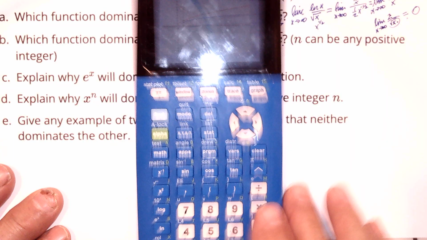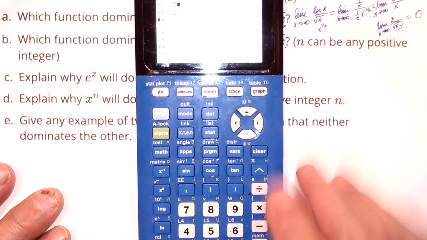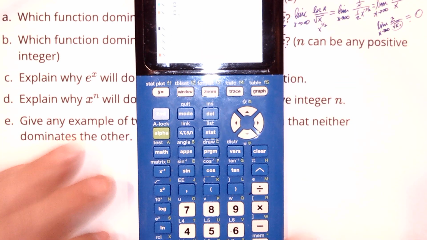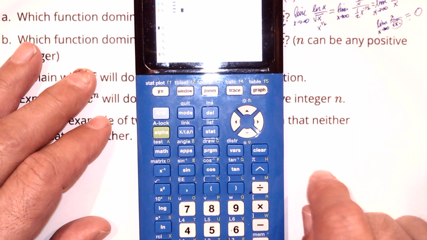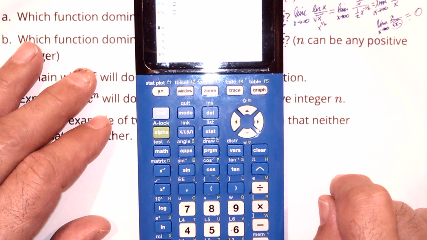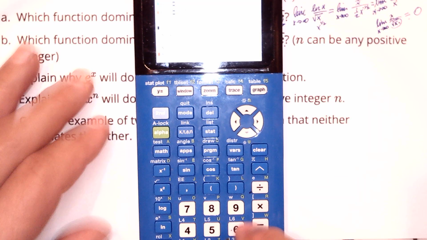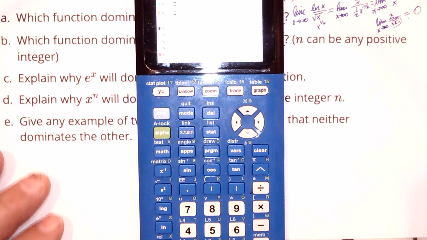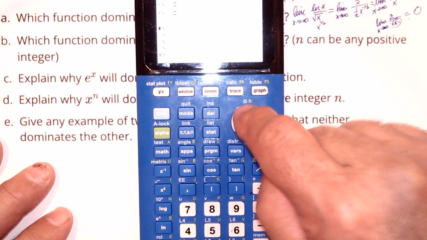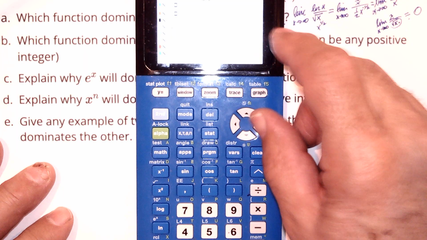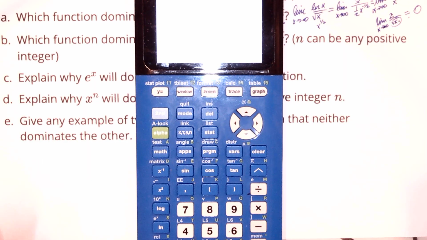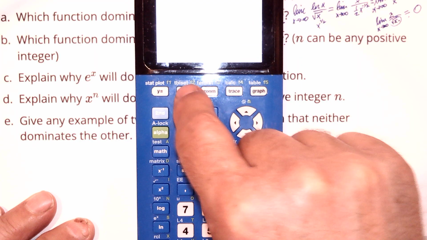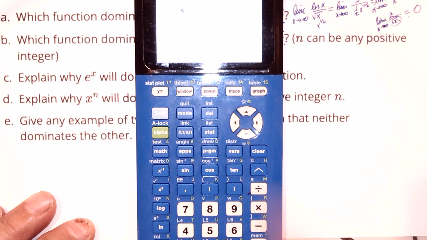Well, let's go to a different one. Let's go down here instead of x to the 1/2. Let's go x to the 100th. That might be pretty small. I'm going to go up and turn this plot off and push graph. There's the ln, and here's the other one. It's starting to creep up, but we can't really tell until we go further out, probably a long way out.